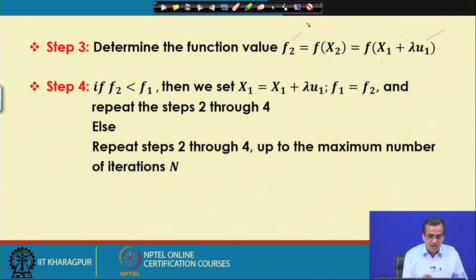Then comes step 4. As I told, this is a minimization problem. So, if f 2 is found to be less than f 1, then it is a good solution.